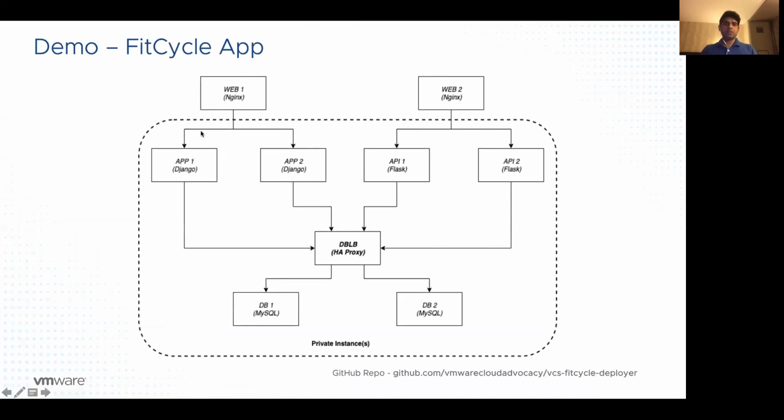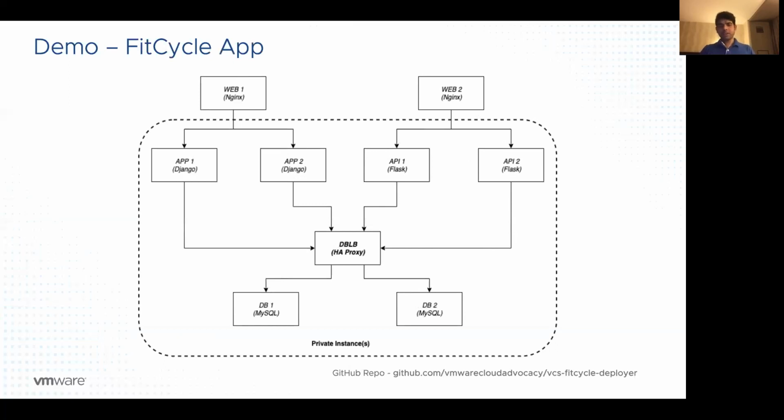So here, I'm deploying two Nginx web servers which have public-facing IP addresses, and all of my other instances have private IP addresses. Obviously, you don't want to expose your databases to the public IPs directly. And we want to configure these instances in a sequence, right? We want to configure the database, then the load balancer, then the application layer, and finally Nginx.